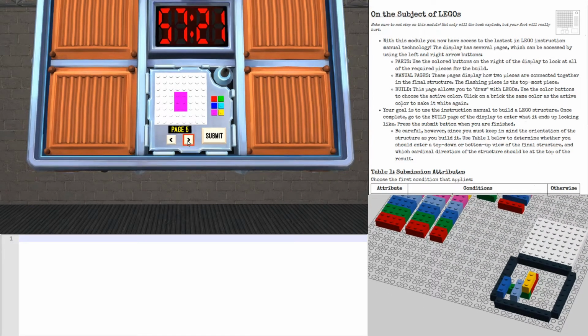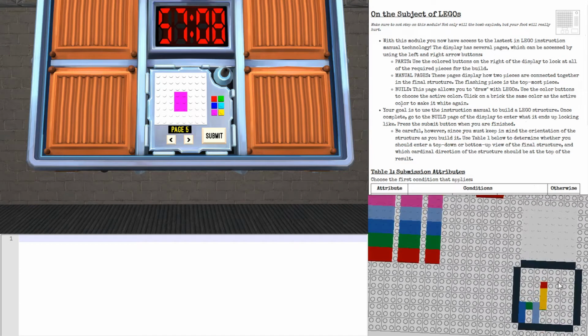And finally on this page we have the cyan one, which we've already placed, and we have a pink one which is underneath it. So we have to place the pink one underneath, which means that I have to move everything up a little because I don't have enough space otherwise. There we go.